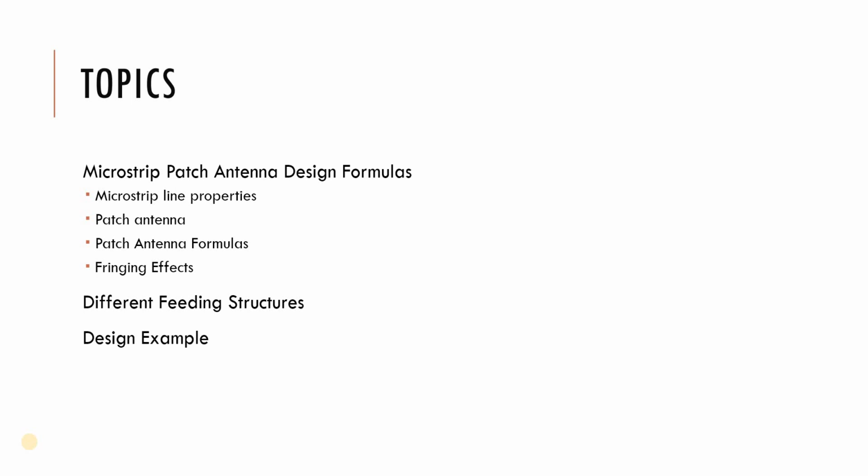We will take a look at microstrip patch antenna design formulas and the design parameters, microstrip line properties, patch antenna properties, how it works, and patch antenna formulas, and we will see the fringing effect. We will take a look at different feeding structures, and as a design process, we have an example to see how to design a microstrip patch antenna.